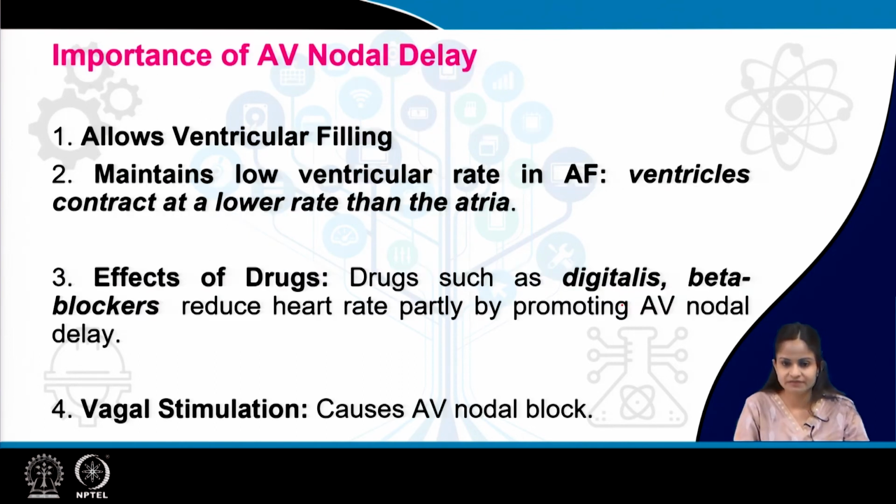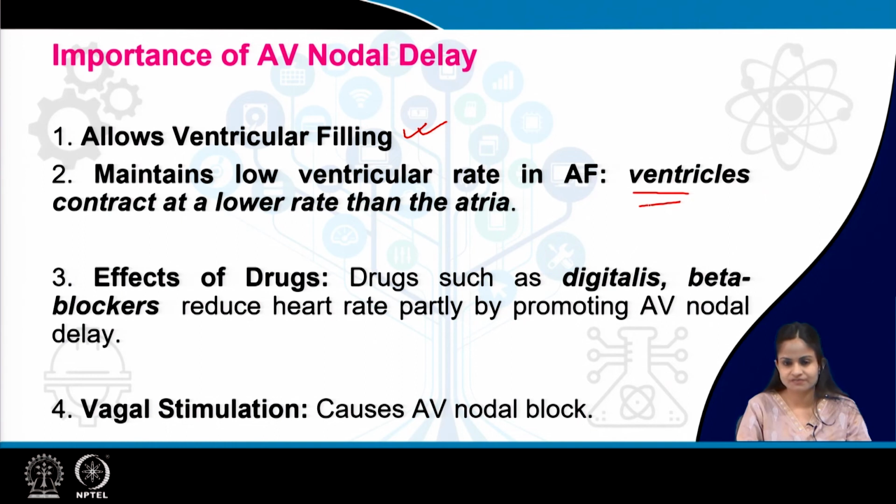The importance of AV nodal delay is that it allows proper ventricular filling, to ensure proper stroke volume and maximum cardiac output. It maintains a low ventricular rate, that is the decremental conduction, to prevent higher rate impulses travelling from atria to ventricles.